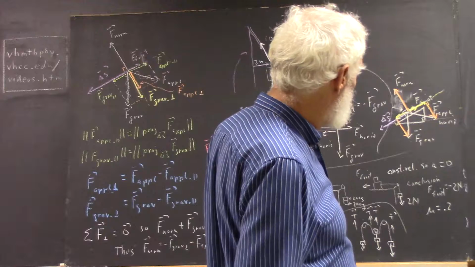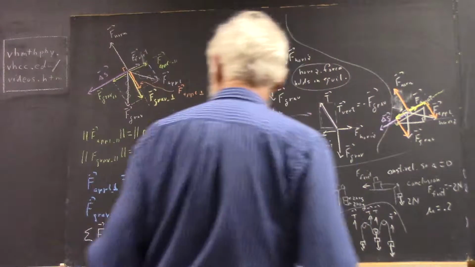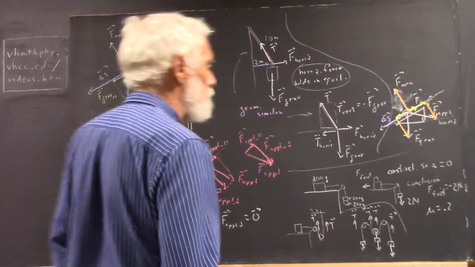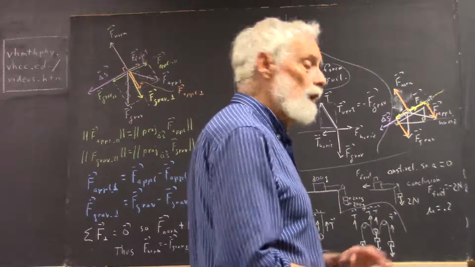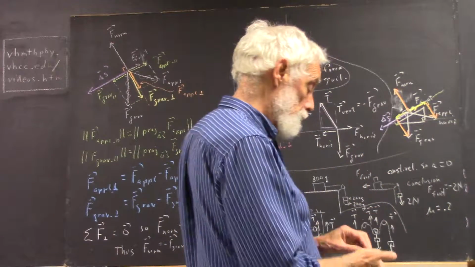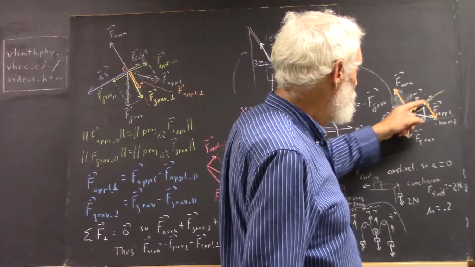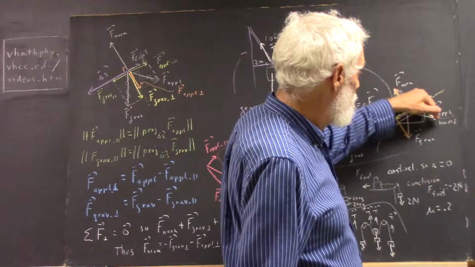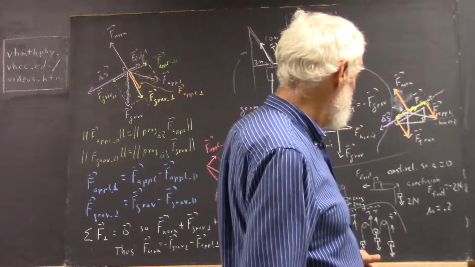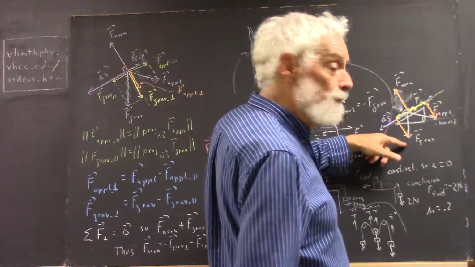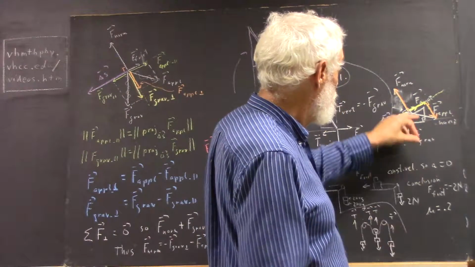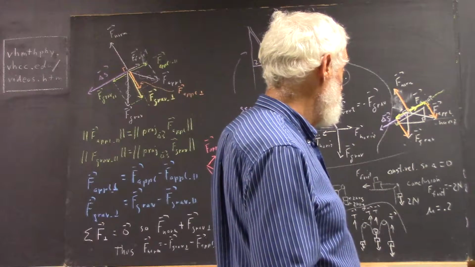So now we have a picture, and it's a redundant picture in a sense that I'll talk about in a minute. We have a picture of F applied, but also of its components parallel and perpendicular to delta S. Now, and same with F grav, but let's focus on F applied first.